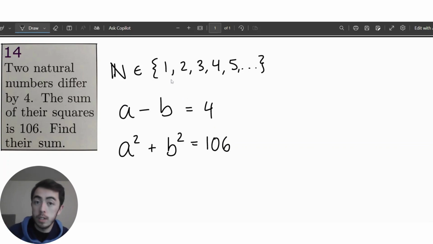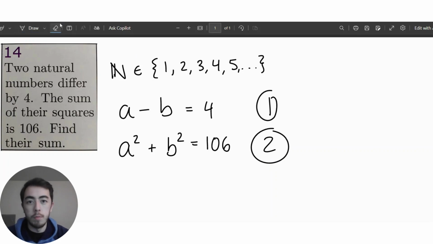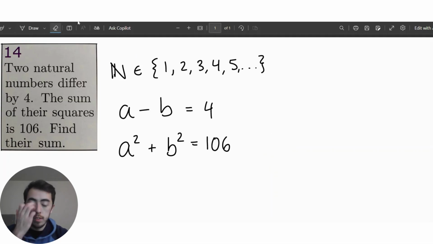And in this particular system of equations, I could actually solve for both of them. Whenever you have the same amount of variables, so I have two, a and b, and the same number of equations, like 1 and 2, then you should be able to solve for them and know what their actual values are. So I'll do a little bit of work with this system and figure out, what are a and b?